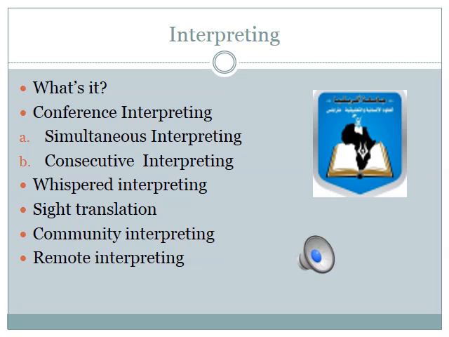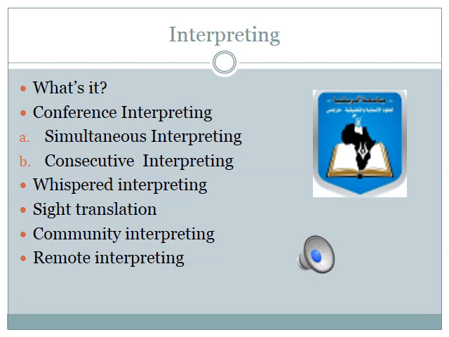The second type is consecutive interpreting, as you see it in the slide. The first one, simultaneous, is the immediate kind. The second, consecutive interpreting, is the interpreting of speech part by part. The speaker speaks and then pauses, then the interpreter translates, and so on.